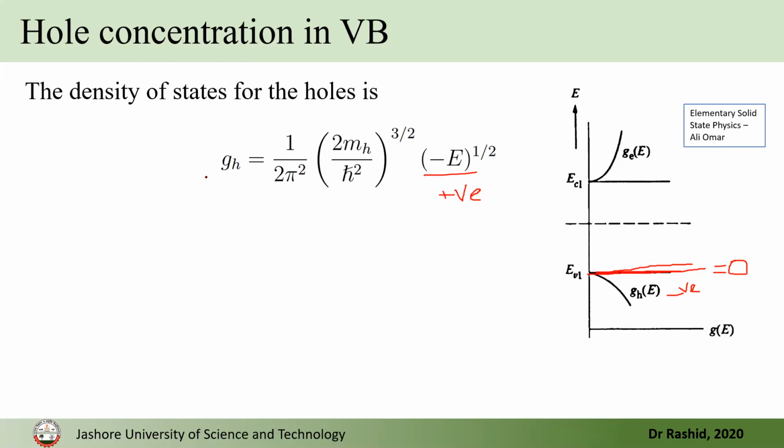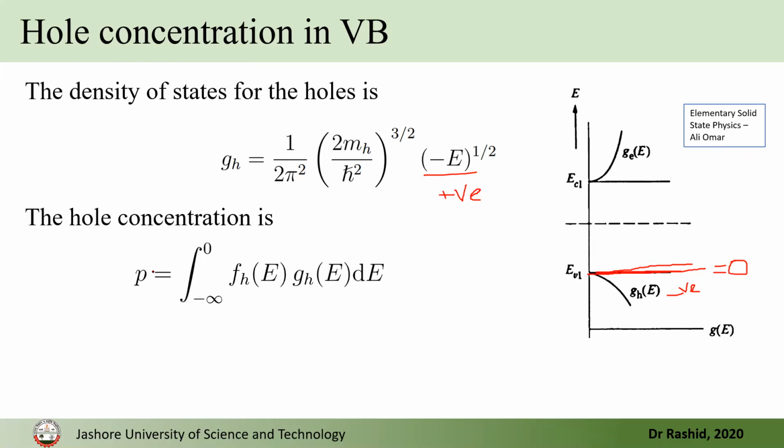Now we have the density of states for holes and we have the probability. So we multiply them and integrate from minus infinity to 0. So we assume that EV2 is infinity, and we did it previously that EV1 is equal to 0.